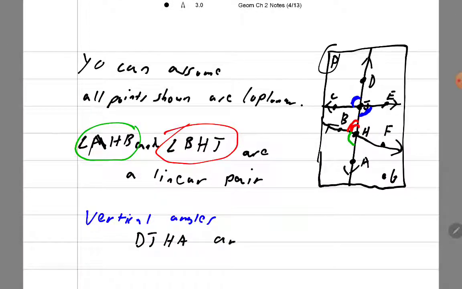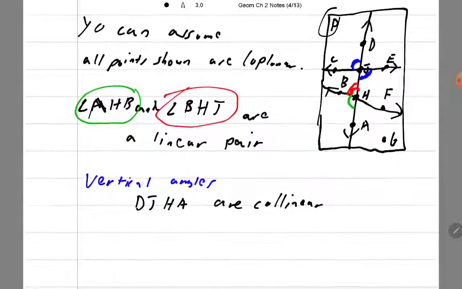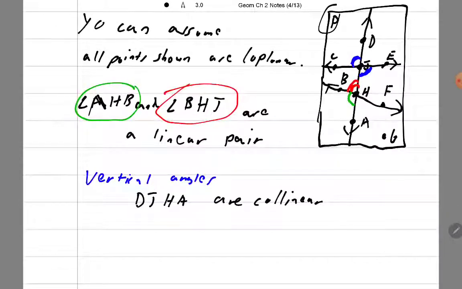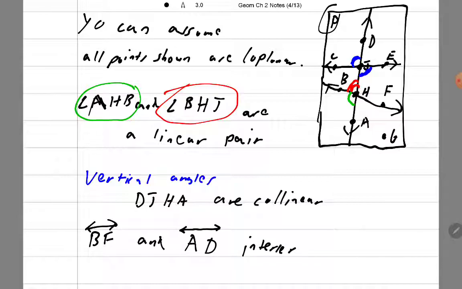D, J, H, A are collinear. And we can assume that lines intersect at certain points. So the line BF and the line AD intersect at H.